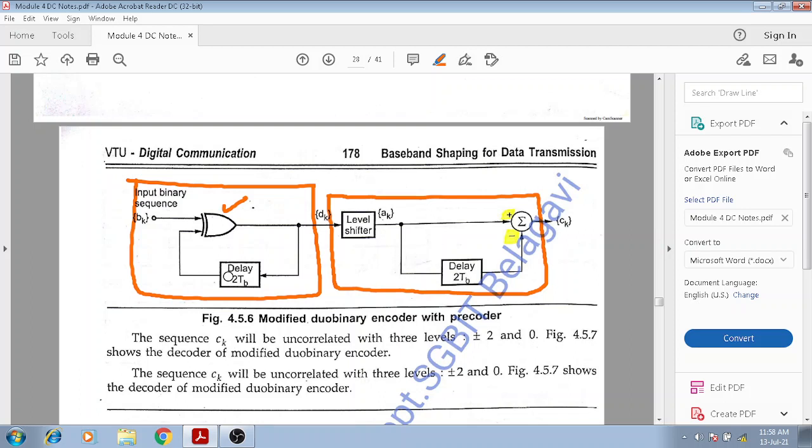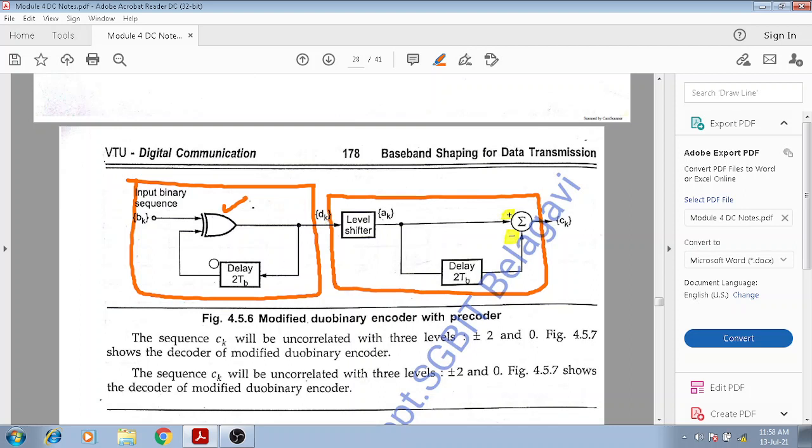But look here, we have used the 2 TB delay. So how can you write the differential encoded or precoded sequence?